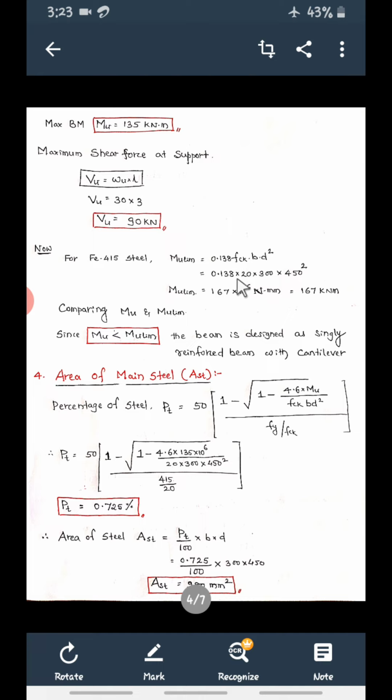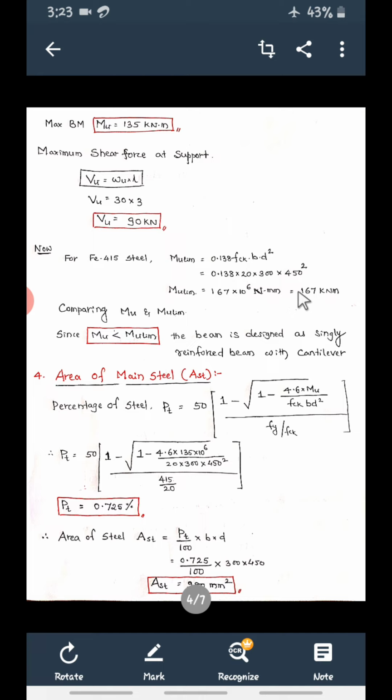FCK is 20, B is 300 and small d is 450, squared. So MU limit is equal to 167 into 10 raised to 6 Newton mm, or 167 kilonewton meter.